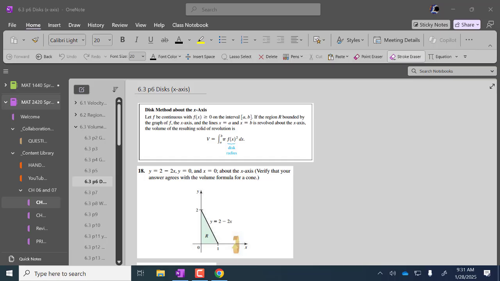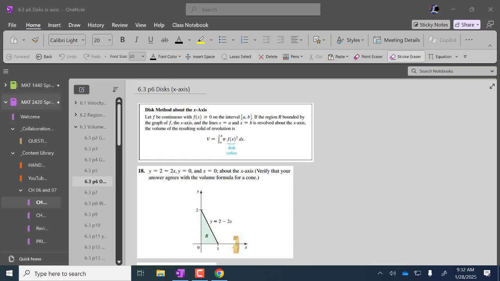And last class we were rotating regions and then using a cross-sectional method, which was a disk. We found a cross-sectional area of a disk, and we discovered that if you integrate area, you get volume. So if we can find a cross-sectional area, we can then just integrate to get volume.